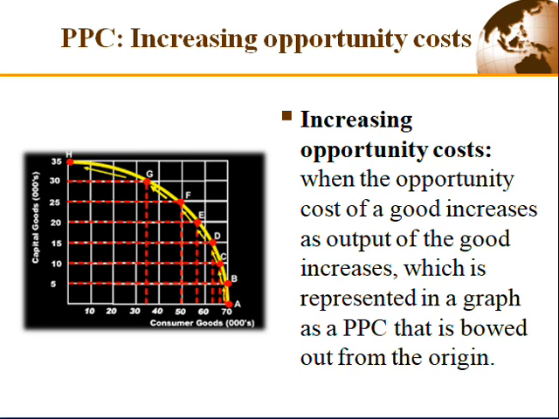In that way, there is an increase of opportunity costs. As it is increasing the production of capital goods, the opportunity cost is also increasing. And that is basically what we refer to as increasing opportunity cost in your PPC.